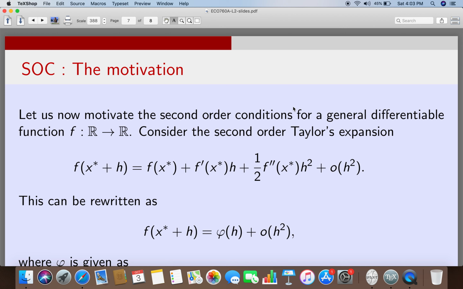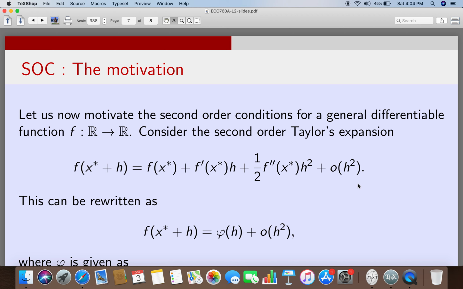So the Taylor's expansion. f of x star plus h is f of x star plus f dash x star h plus 1 by 2 factorial, which is half, f double dash x star into h square plus the error term small o of h square, that when h goes to 0, h square goes to 0.